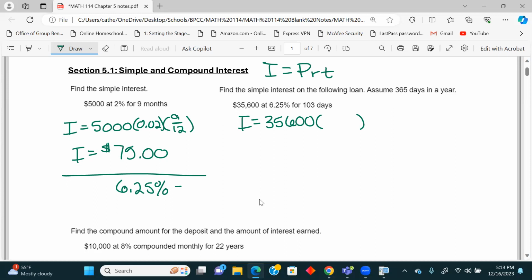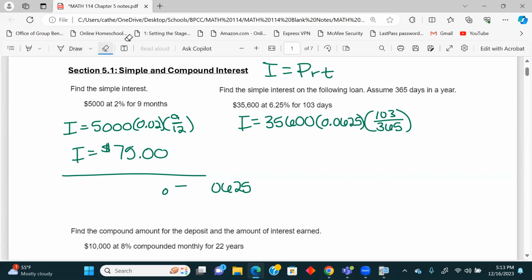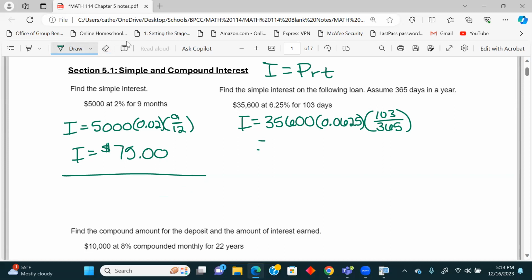Again, you can divide it by 100 or move the decimal 2 places to the left. And it's for 103 days. So it's 103 of the 365 days. That gives it the fractional part or the percentage of the year. Again, time has to be in years. So that's why we're setting it up like this.